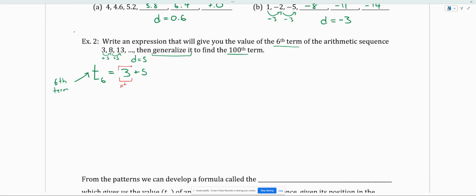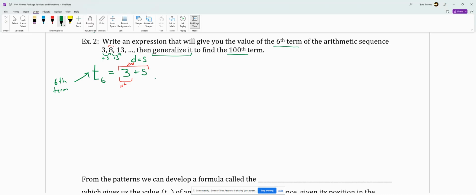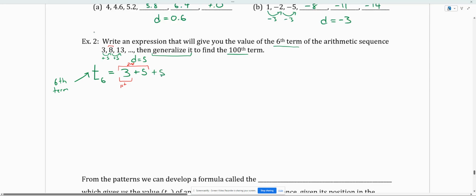But then if we combine both of these, 3 plus 5, that's going to give me 8, right? That's going to be my second term, or T2. And then we're just going to keep on going here. Let's keep adding 5.